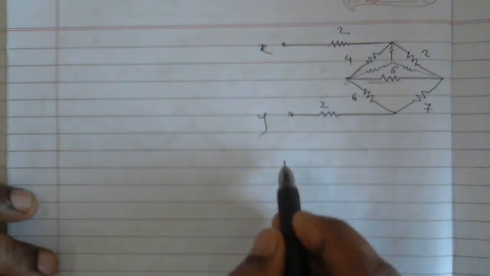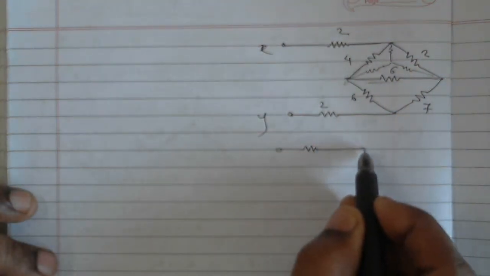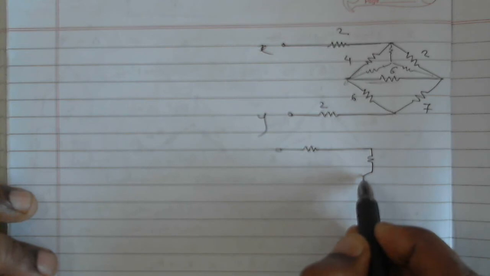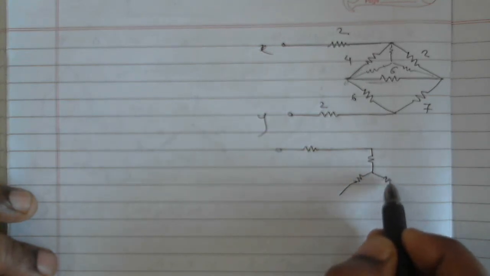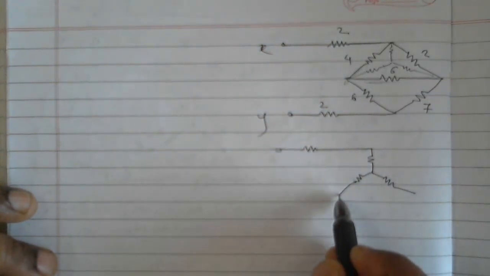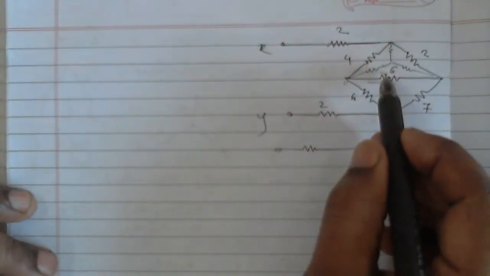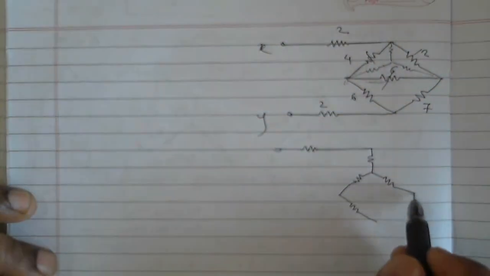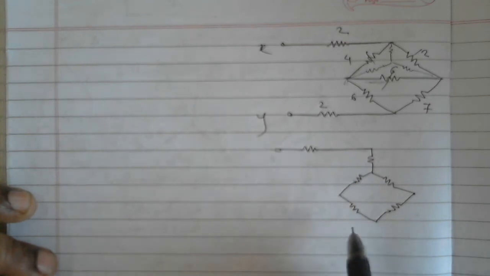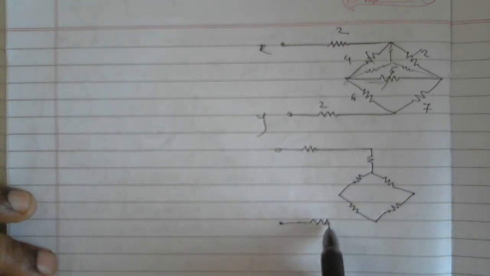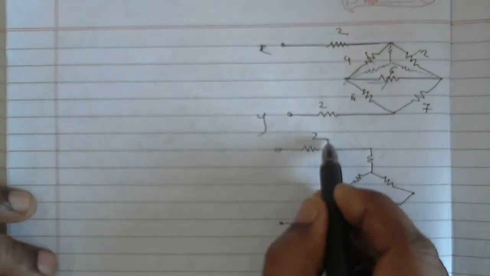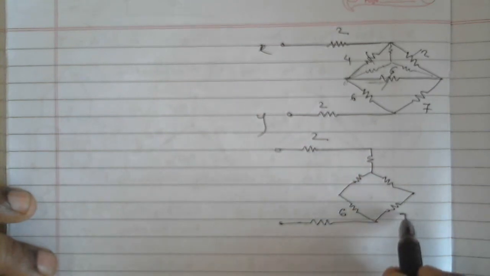So the new circuit will be like this: these three resistances vanish. This is 2, this is 6, this is 7.